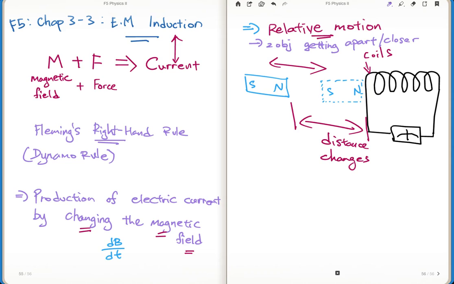Okay, so this is actually what happened. Now, let's consider when they are closer. When the north pole goes nearer to the coil, what happened?